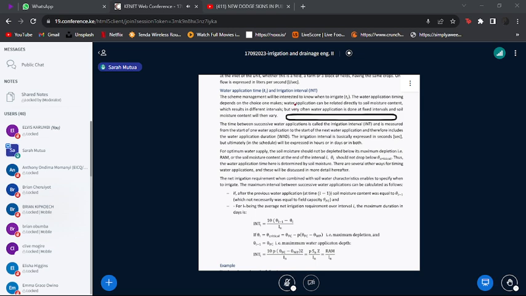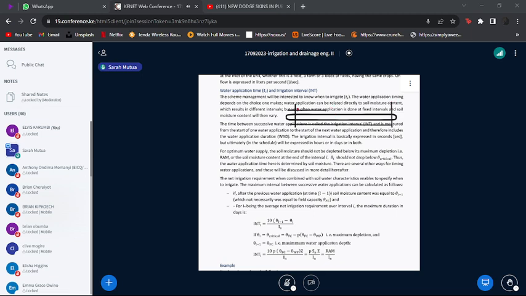I've started to irrigate at that point today, and my irrigation takes, let's say, 8 hours. It has taken 8 hours up to that point. And then my irrigation interval starts from the start of the water application today all the way up to a certain point, let's say there.